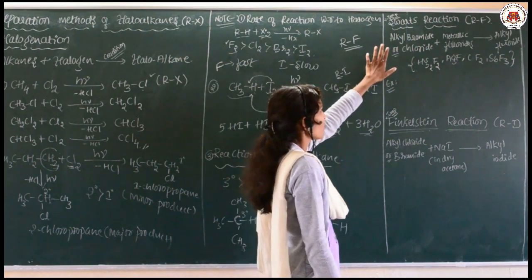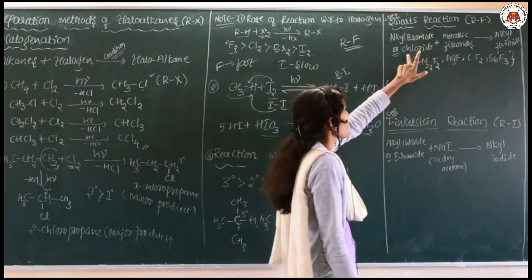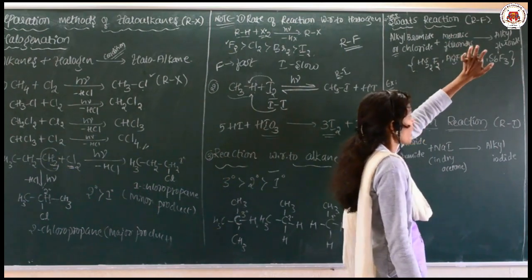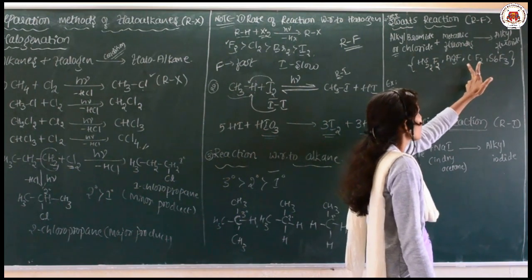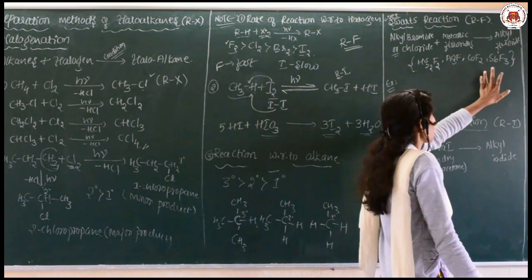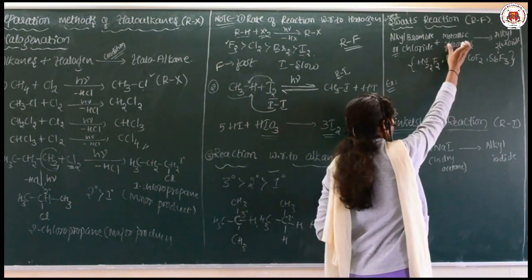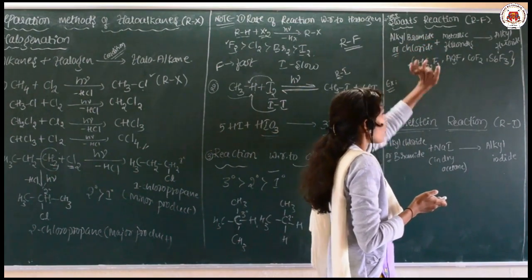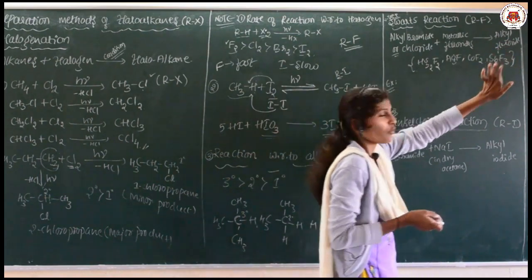Whenever alkyl bromide or alkyl chloride is treated with a metallic fluoride like Hg2F2 or AgF or CoF2 or SbF3, these are the metallic fluorides, you are going to get the alkyl fluoride.